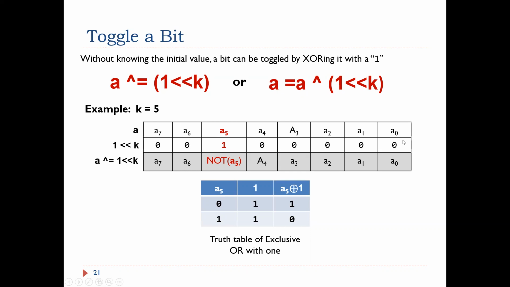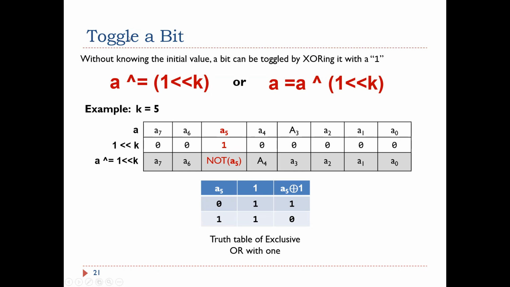If you do XOR for A0 to A4 with 0, we have seen that it will remain exactly the same, as with A6 to A7. But for A5, let's assume that A5 is 0. Since it is a bit, there could be only two possibilities: it could be 1 or it could be 0. If it is 0, then 0 XOR 1 becomes 1. That's what we are looking for, because A5 was 0, now it became 1.